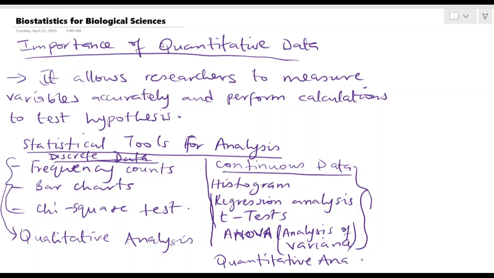Frequency counts, bar charts, chi-square are under qualitative analysis. Histogram, regression, t-test, analysis of variance, which is your ANOVA, are under quantitative analysis.